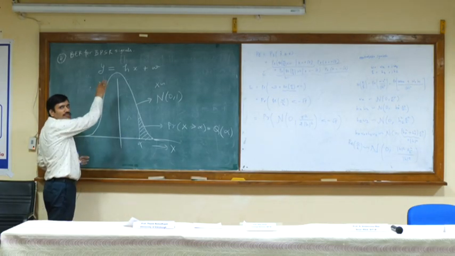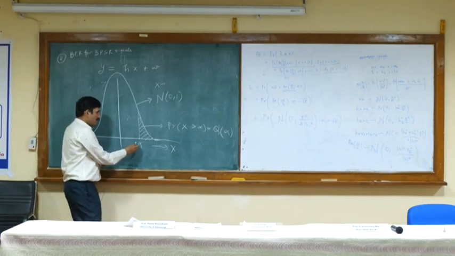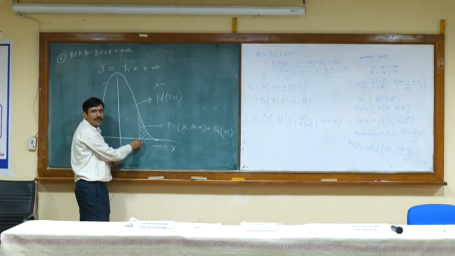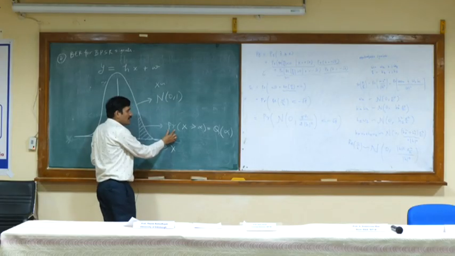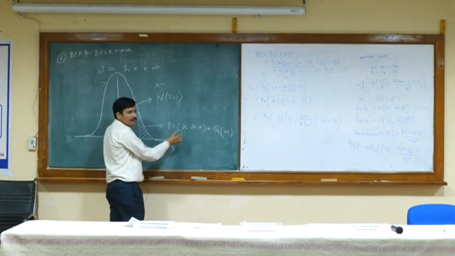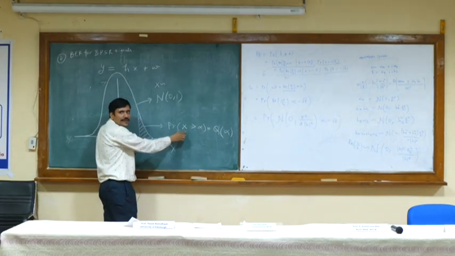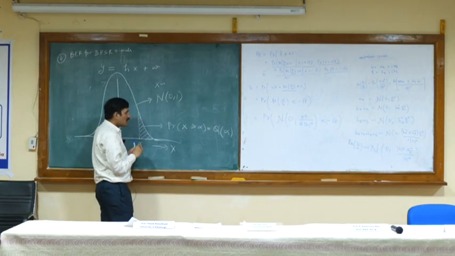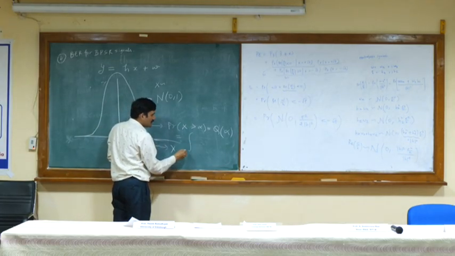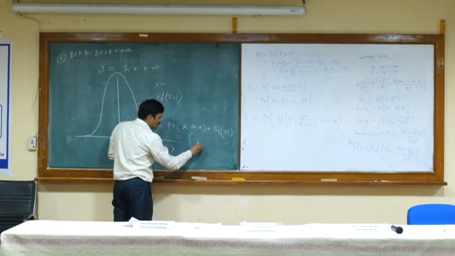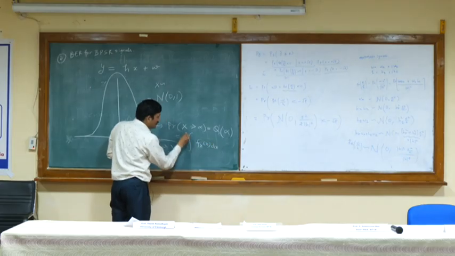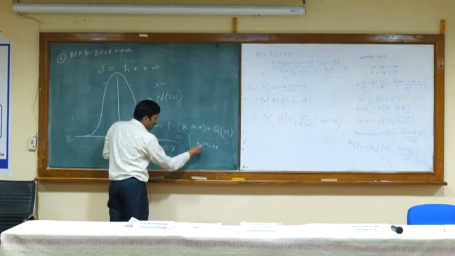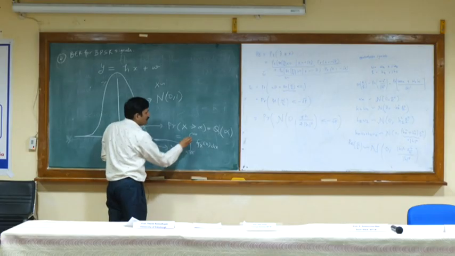So we have this Gaussian distribution, right? And we have some value here at alpha, and I want to calculate the value of this area. The value of this area is the probability X greater than alpha. How will you calculate this? You will calculate it by this integration: you write the Gaussian distribution f(x) dx, and integrate from x equals alpha to infinity.